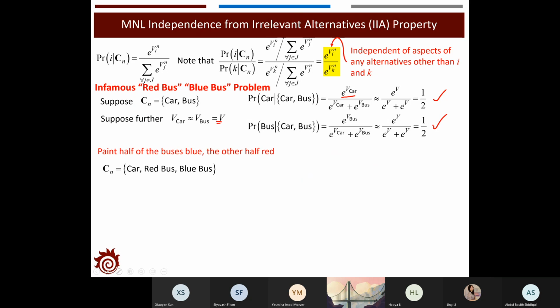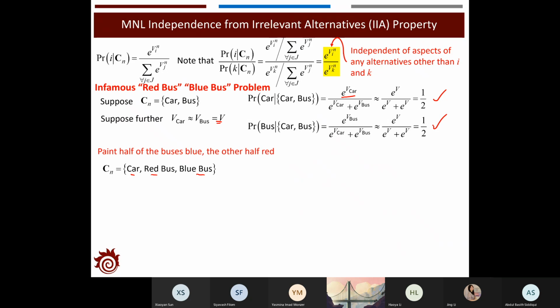And now I have one question for the whole class. What do you think about the probability of choosing each one of them? Do you think the probability of choosing a car will be different, or will they still be the same?